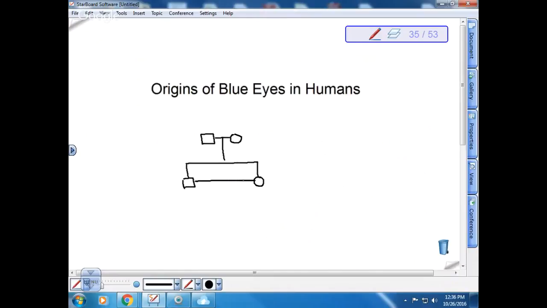Let's just say that these brothers and sister produced a child with blue eyes, okay? Probably was more like second cousins and third cousins, right? So this person would have big O, little o, right? This is big O, and then it can pass it on to big O, little o, right? And then we can get an individual with little o, little o.